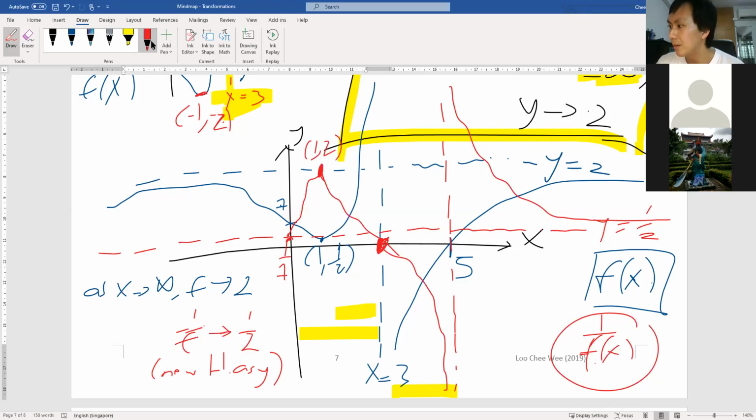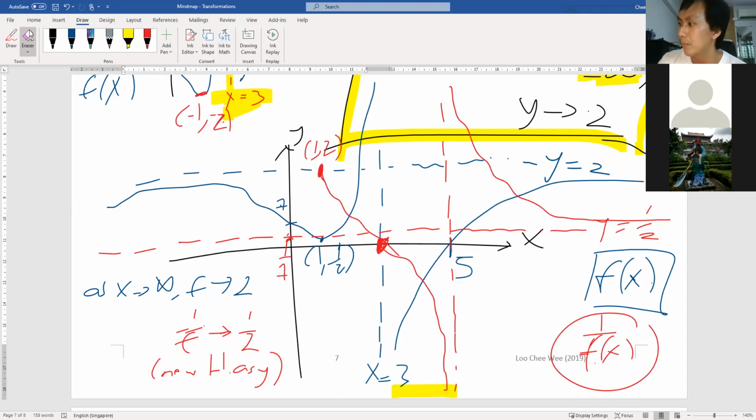Wait. How did you get that one? Which one? The latest one, the last one you drew. This one, is it? Yeah. Because 1, 2 is a maximum point, right? Then it must come towards the y-intercept of 1 over 7. Okay, but I thought that portion is positive and then decreasing.